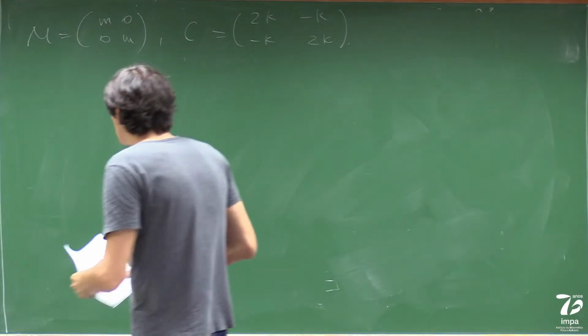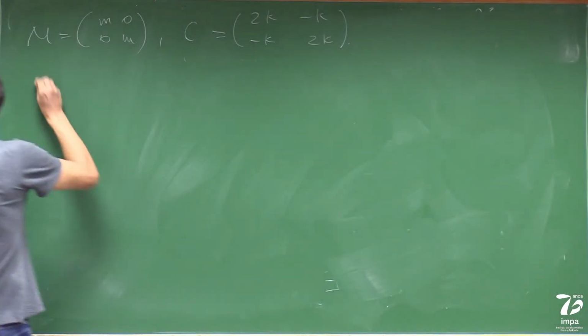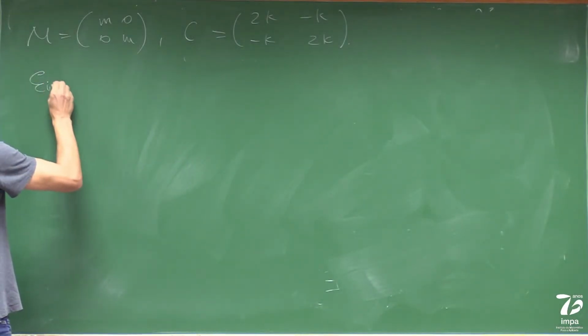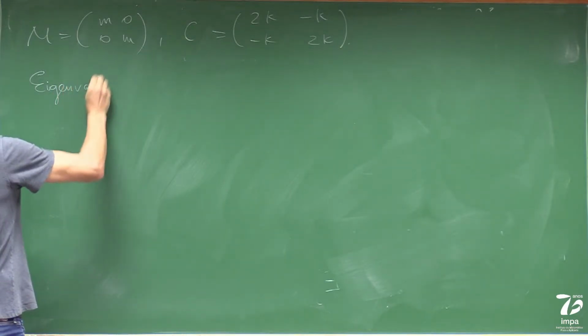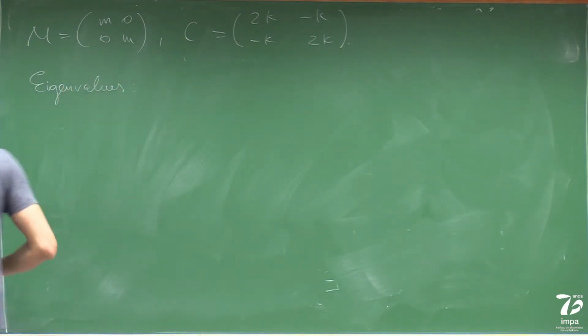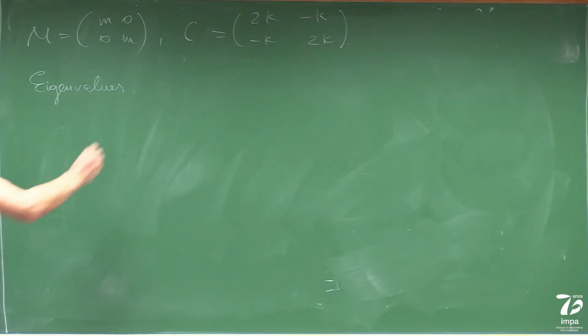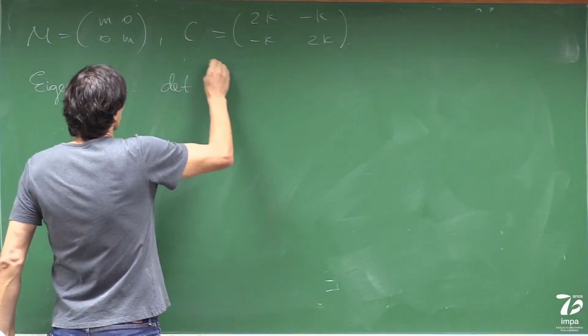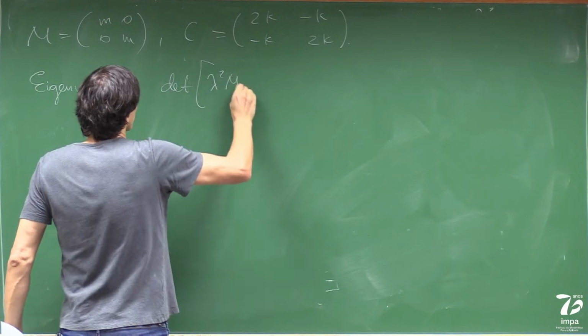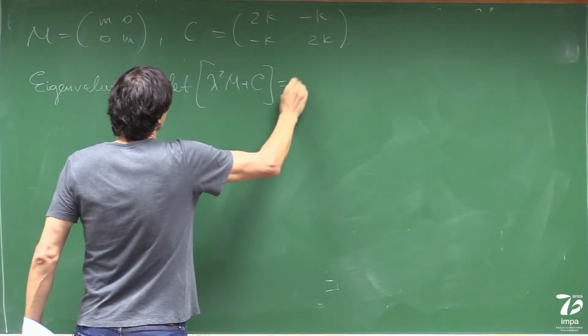Okay, so now the first step is to find eigenvalues. We know that eigenvalues are determined from the fact that the determinant of the matrix lambda squared M plus C should be 0.